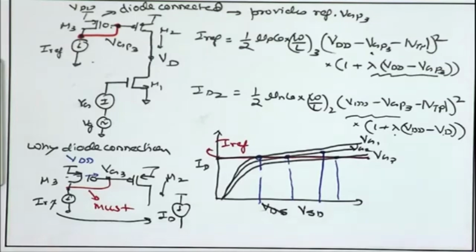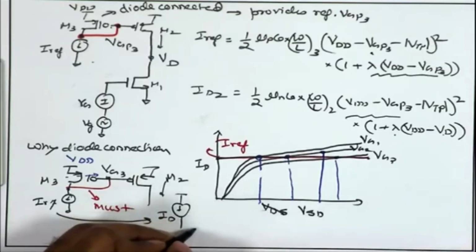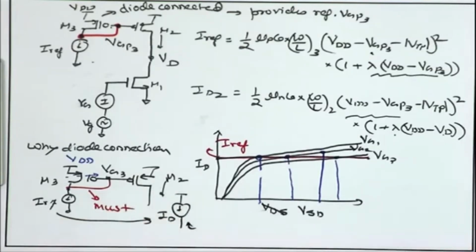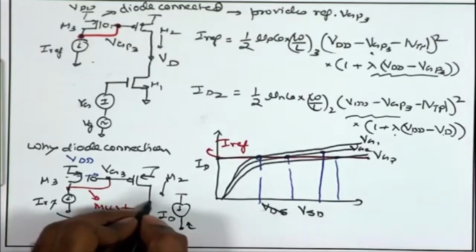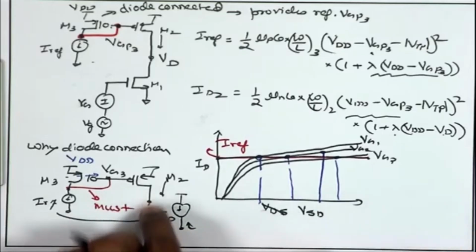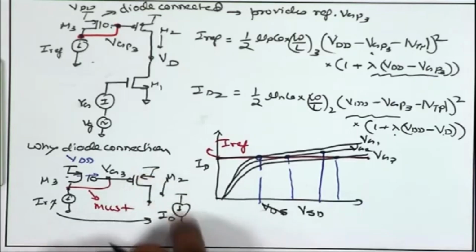And what is the property of an ideal current source? The small signal resistance should be very high, ideally infinite. That means, if the drain voltage of M2 is changing significantly while keeping M2 in saturation, the ID should not change much, it should remain constant.